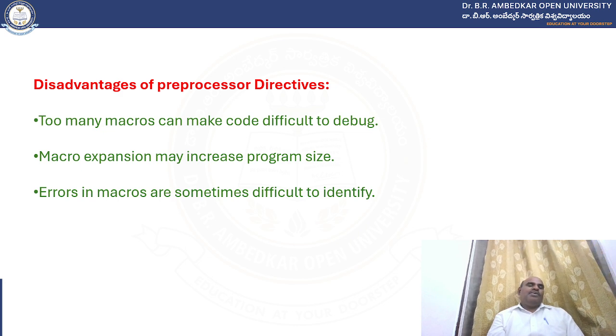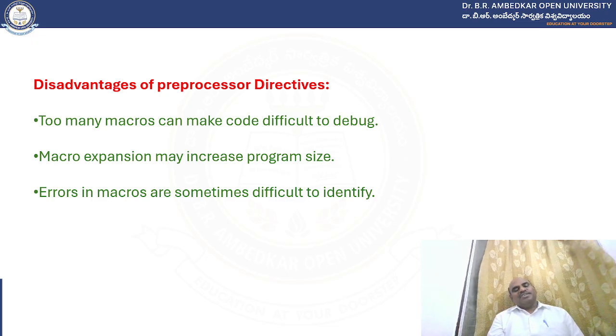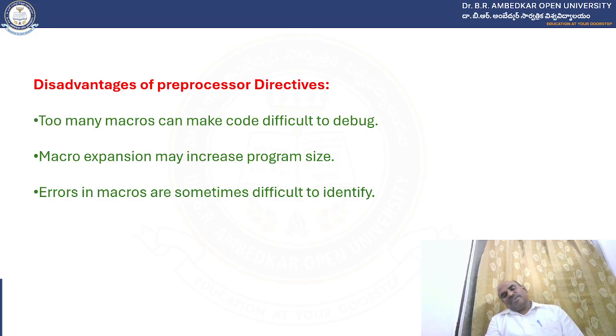Next one: identifying the errors. Errors in macros are sometimes difficult to identify. Whenever errors arise in macros, identifying them is difficult. So these are the three, very easy, no?